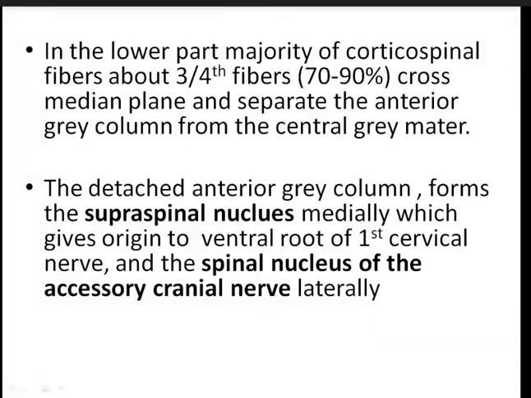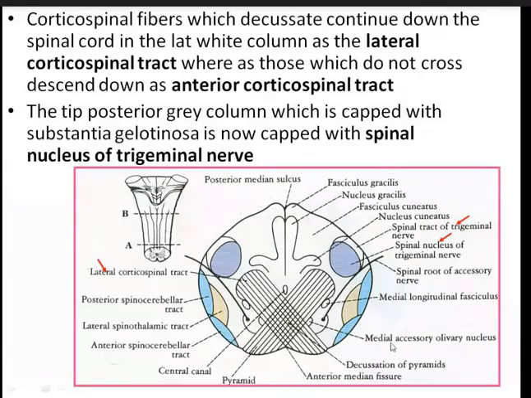The detached anterior gray column forms the supraspinal nucleus medially, which gives origin to the ventral root of the first cervical nerve, and the spinal nucleus of the accessory cranial nerve laterally. Accessory cranial nerve can be seen. Here, this one is the accessory cranial nerve on the lateral aspect, and this one is the lateral corticospinal tract.